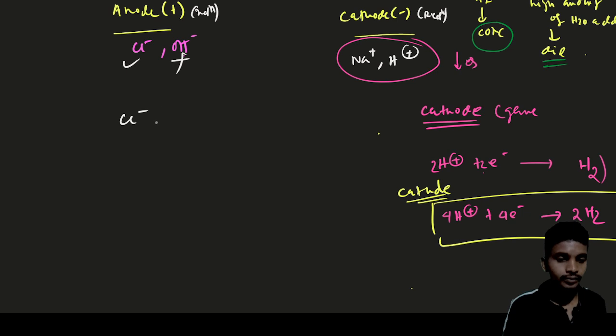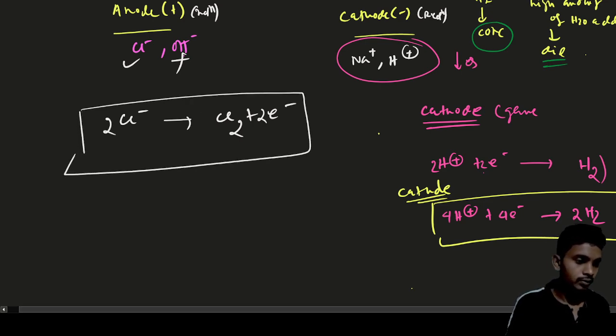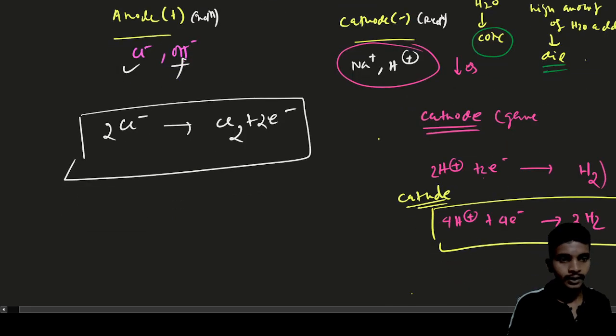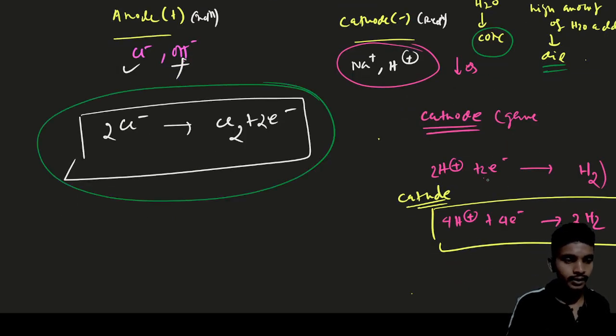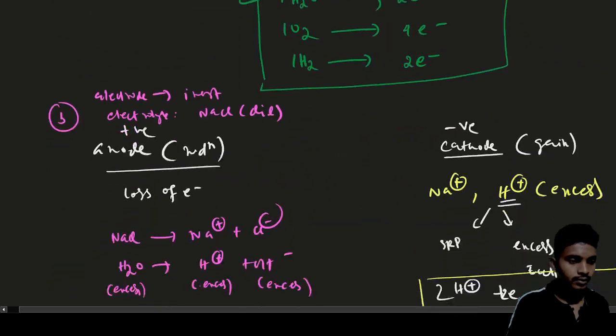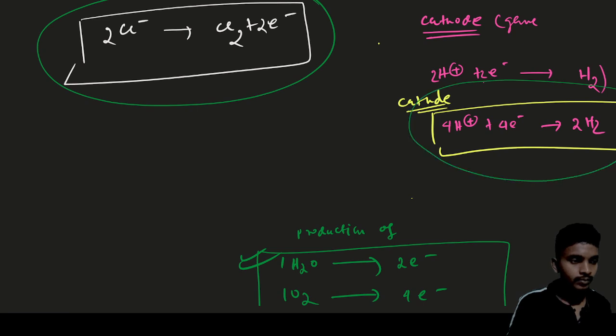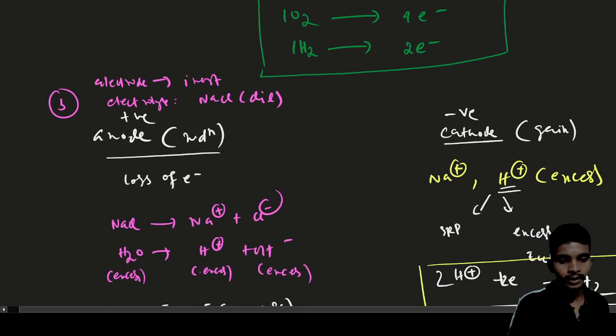So what will Cl minus do? It loses an electron. Cl does not exist alone, so it forms Cl2. If it is concentrated, then the cell reactions are this and this, for anode and cathode.